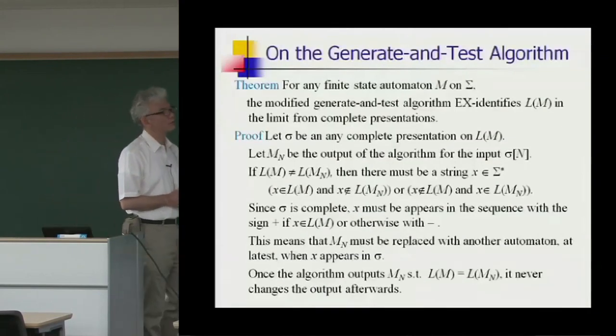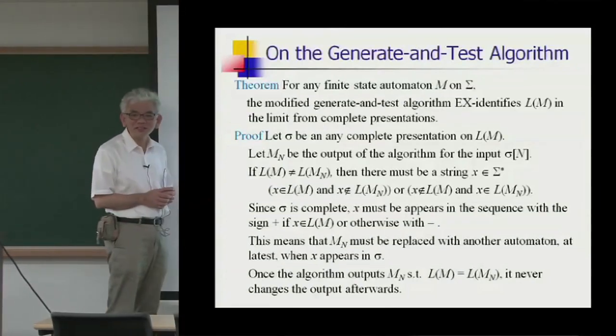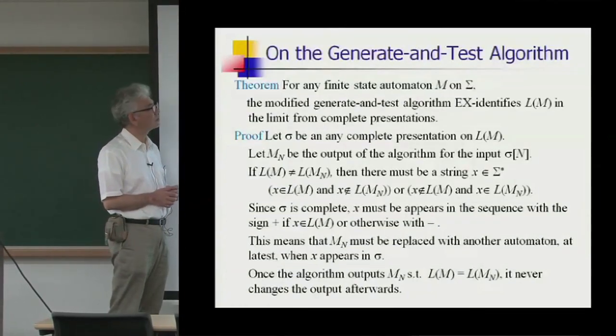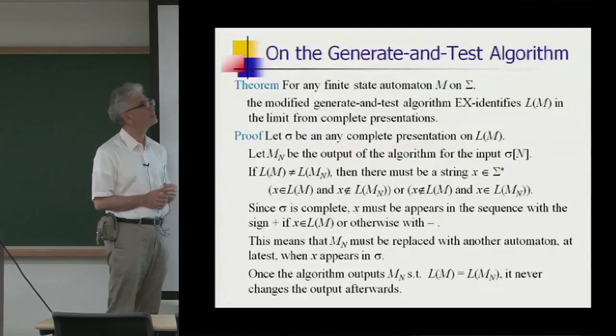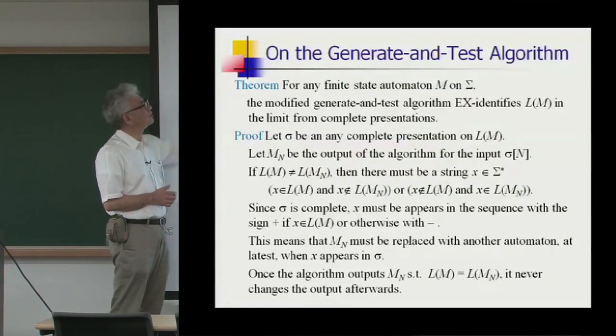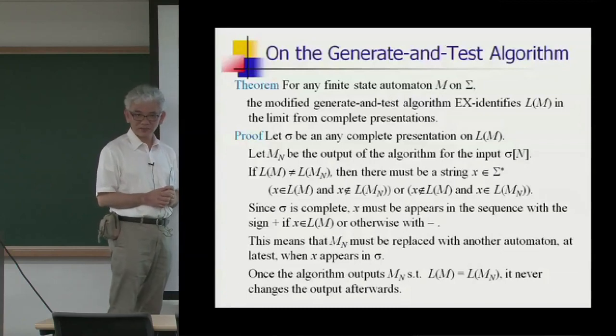Hence we propose such a property. We sometimes use a mathematical presentation. For any finite state automaton M over sigma, the modified generate and test algorithm EX identifies L of M in the limit from complete presentations.